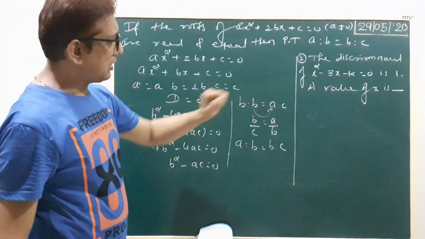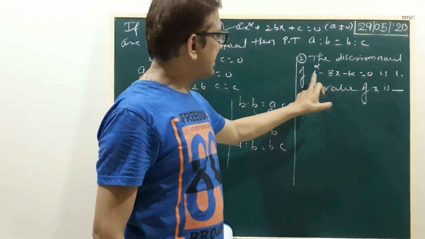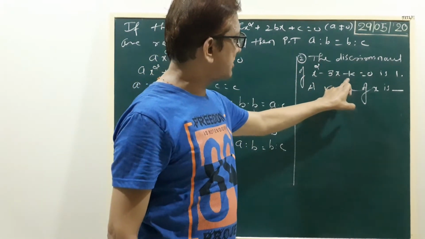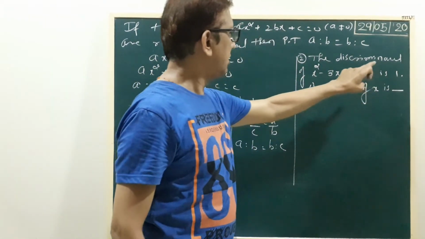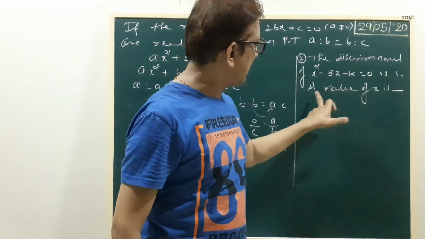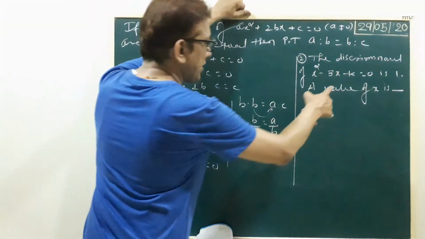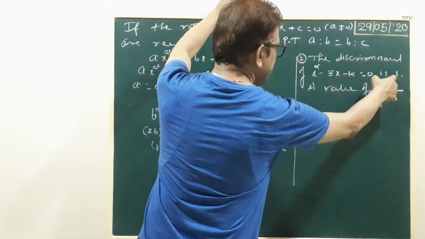Okay. Now this one: the discriminant of the equation x² − 3x − k = 0 is 1. The discriminant is given. Then find the value of x. First, our discriminant is 1.